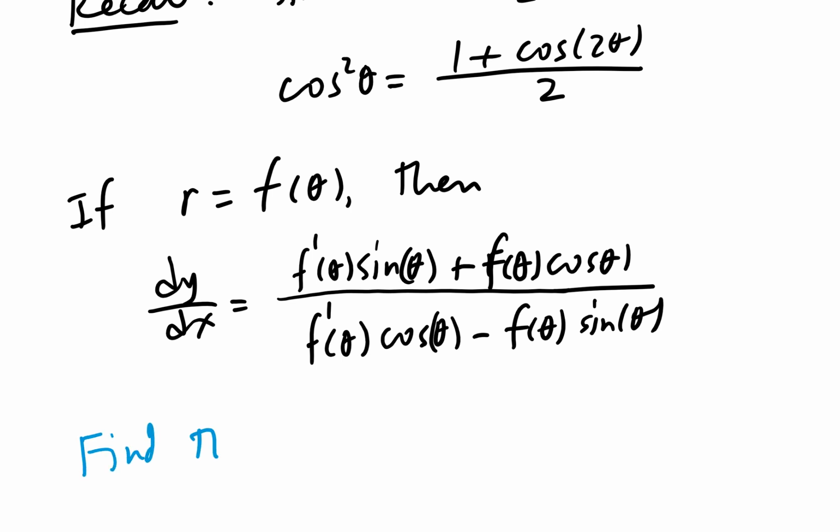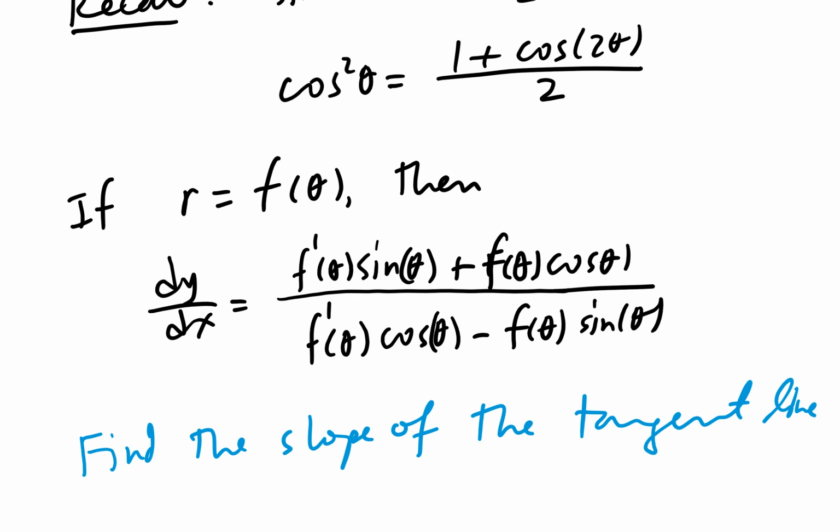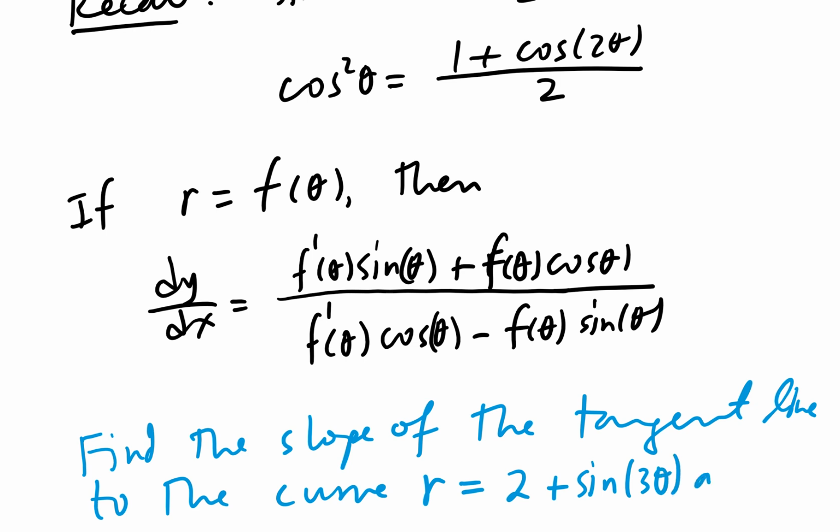Find the slope of the tangent line to the curve r equals 2 plus sine 3 theta at theta equals pi over 4.